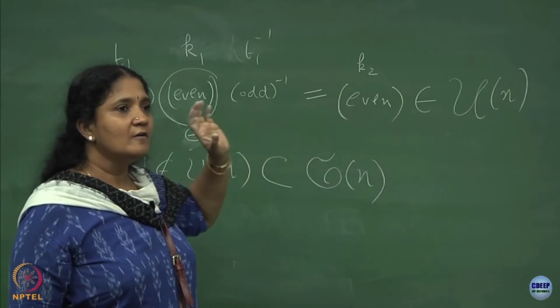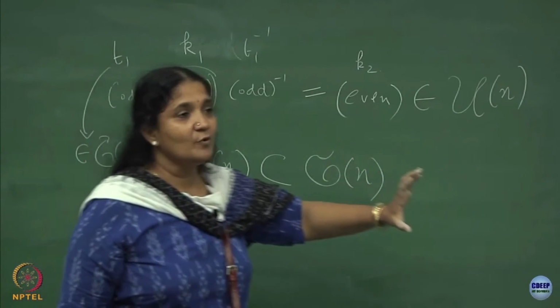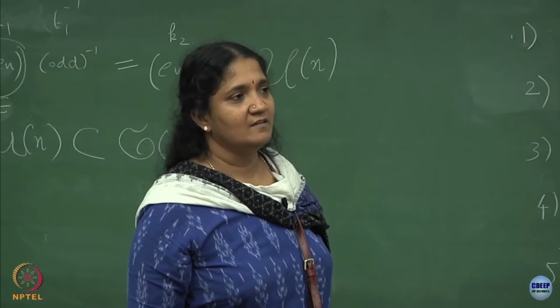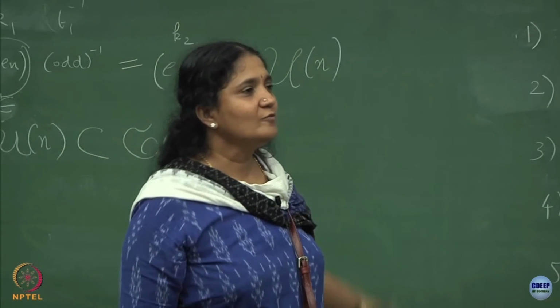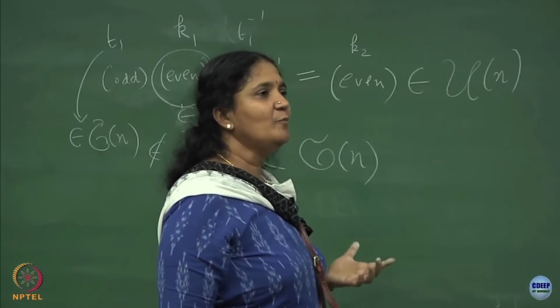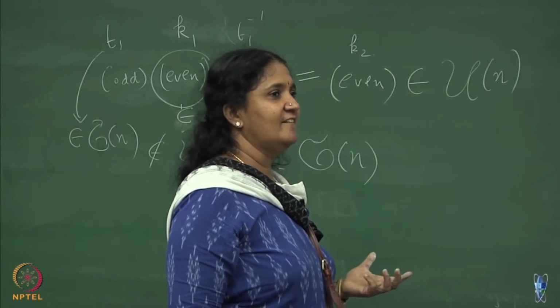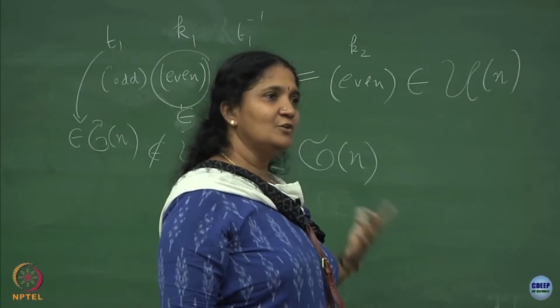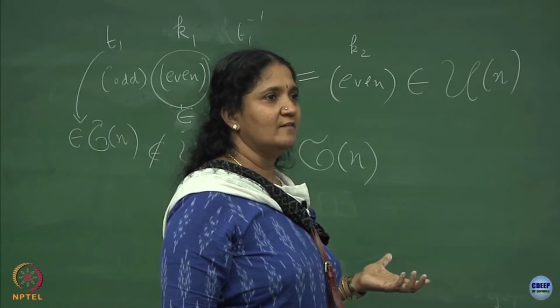So take that example of our famous degree 3 symmetric group. What was the invariant subgroup there? Even permutations were 3 cycles. The number of elements in the 3 cycle was 2, right?